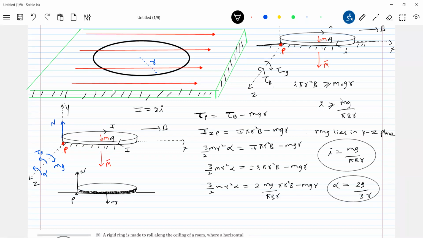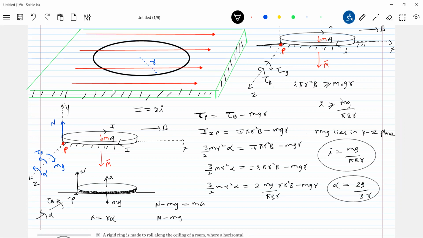Okay, this is a ring. Then there's a weight, and there'll be torque due to dipole moment. So definitely it will try to have acceleration, and it is having alpha here. What equations of motion can you write? N minus mg equal to ma, and a is equal to R alpha.